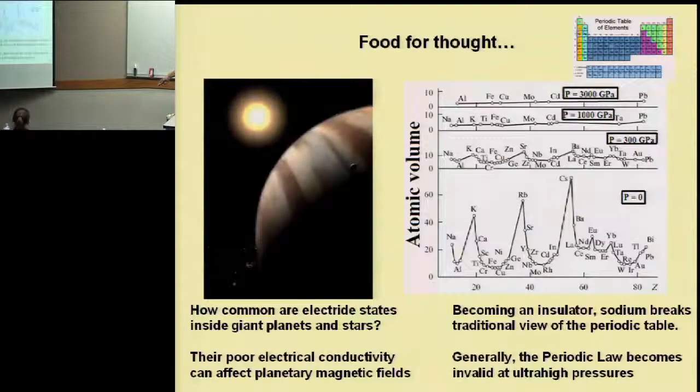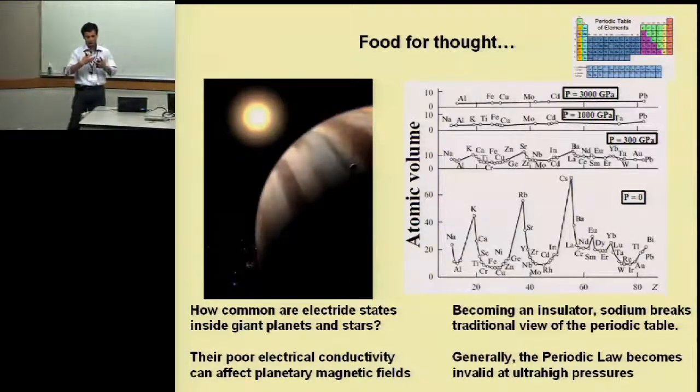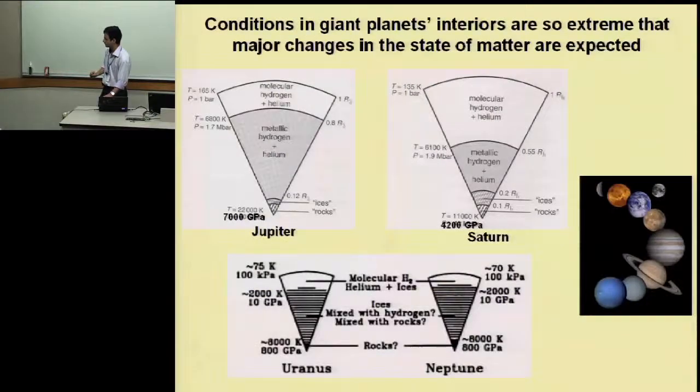Electride. And we can actually expect such phenomena inside giant planets or perhaps even some stars like white dwarfs, where atoms are strongly squeezed. And such insulating states or badly conducting states could occur there and could affect, for instance, magnetic fields.